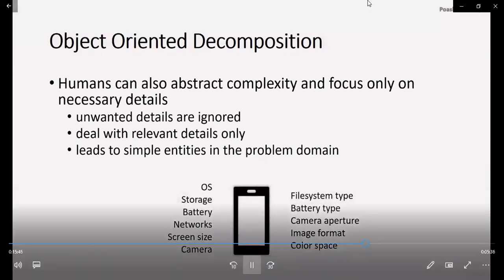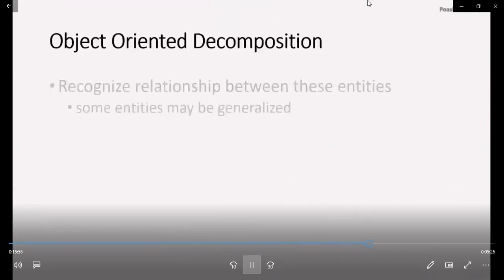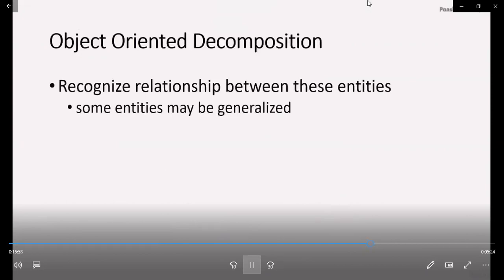After we get the objects through abstraction, we recognize the relationships between them. Some of the objects can be generalized, which means some objects have similar behavior. For example, dog, cat, and cow all have similar behavior, so we can generalize them as animals.